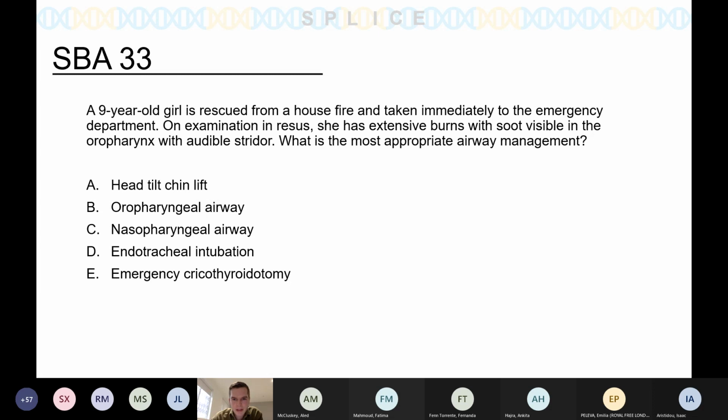I need to stop saying that because I might get myself in trouble, but whatever. Okay, let's close it there. We haven't got too many SBAs left, which is good because we're getting to 7 p.m. and I'm sure everyone wants to move on.